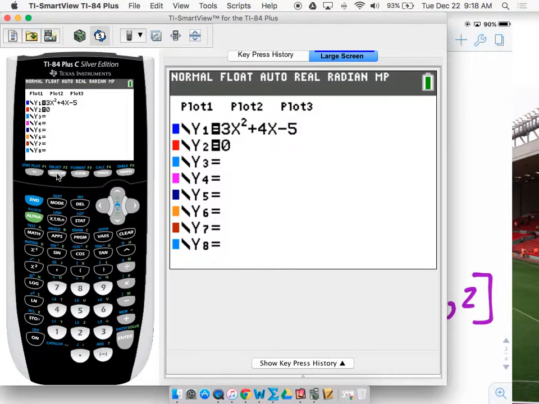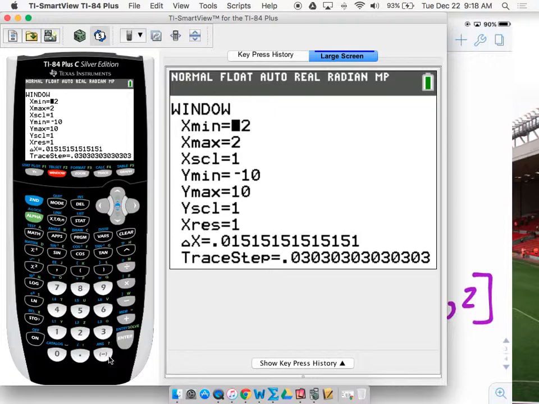Our interval we're looking at is just from -1 to 2, and we're trying to see where that equation equals 0.